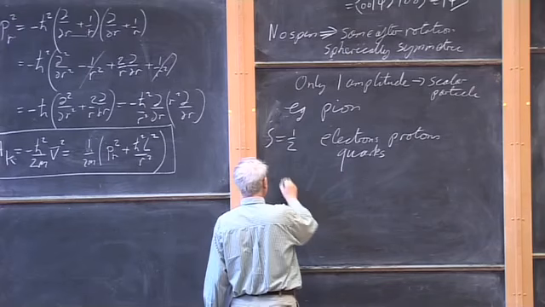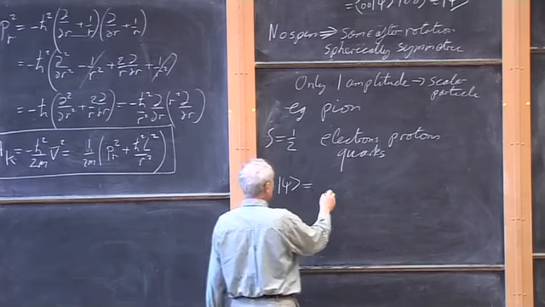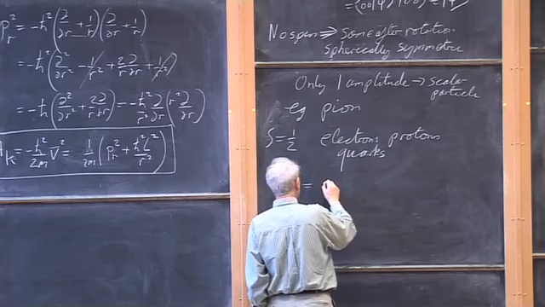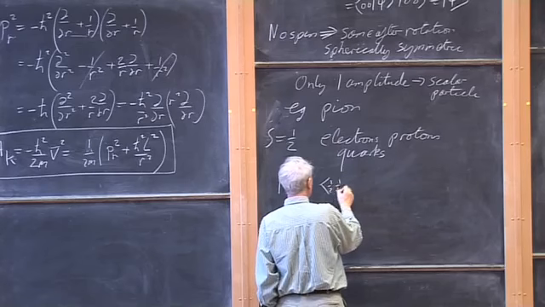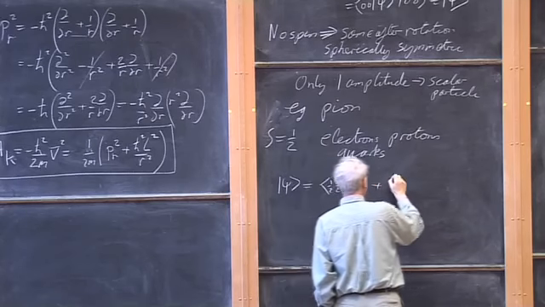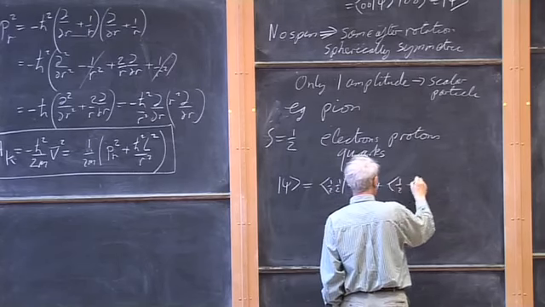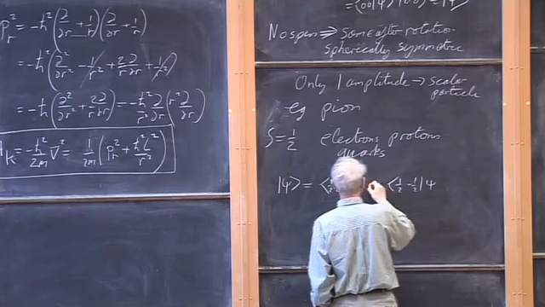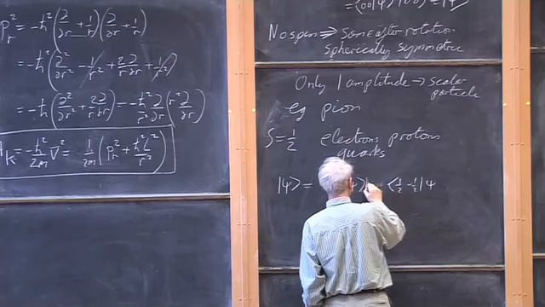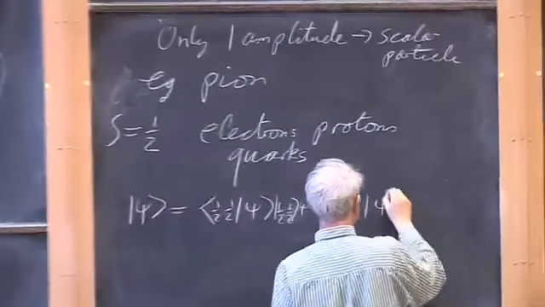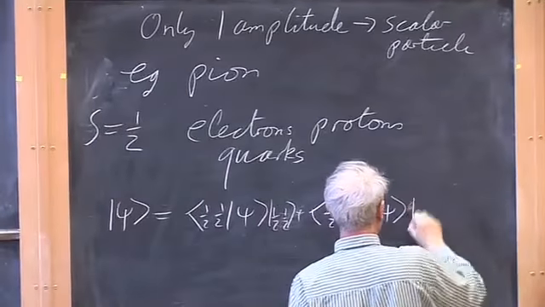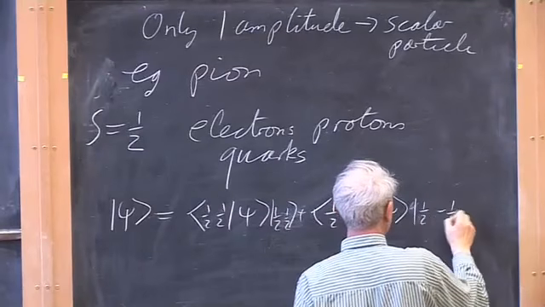We have that the state of the system can now be written as psi equals the amplitude times the state half, plus a half, plus the amplitude times the state half, minus a half.